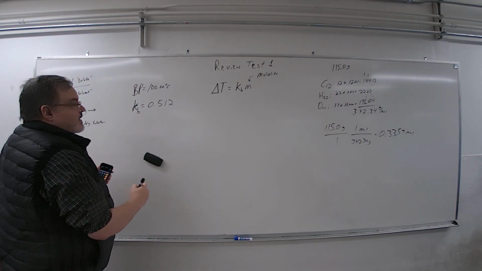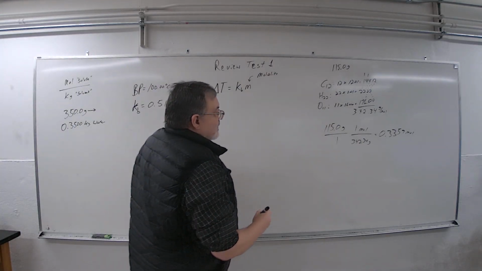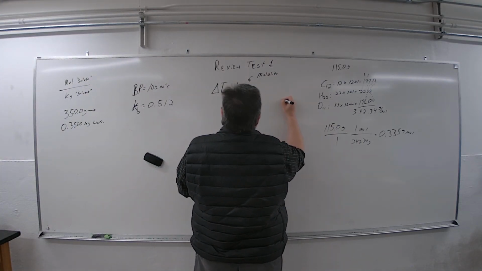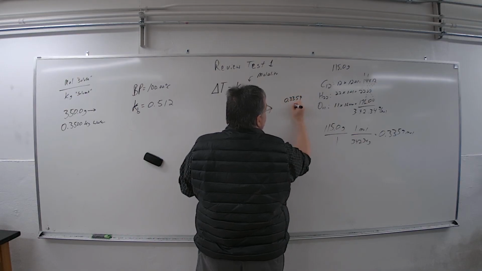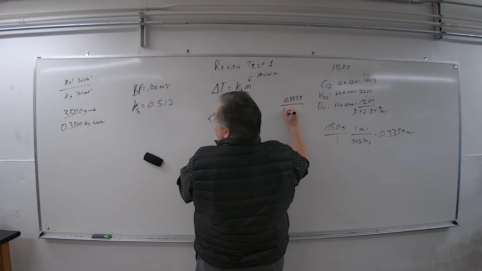So now we can calculate molality. Divided by 0.3500.